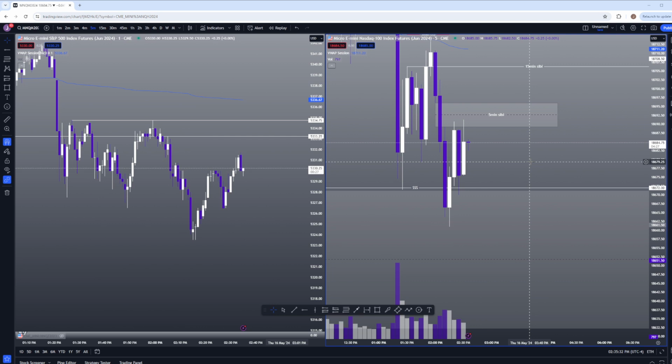Yeah, I'm not really liking this price action right now, guys. I'll give it a little bit more time, see if we get something good. If we continue with this type of price action, I'll probably just call it a day.